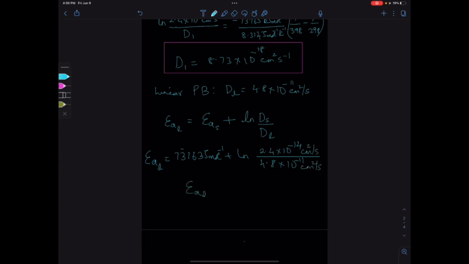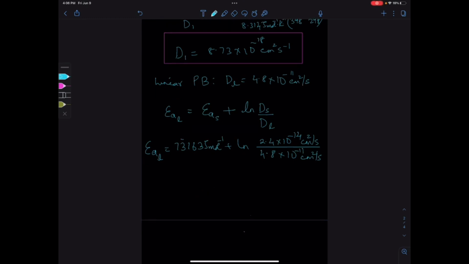And we get the activation energy for the linear polymer as 48 kilojoules per mole.